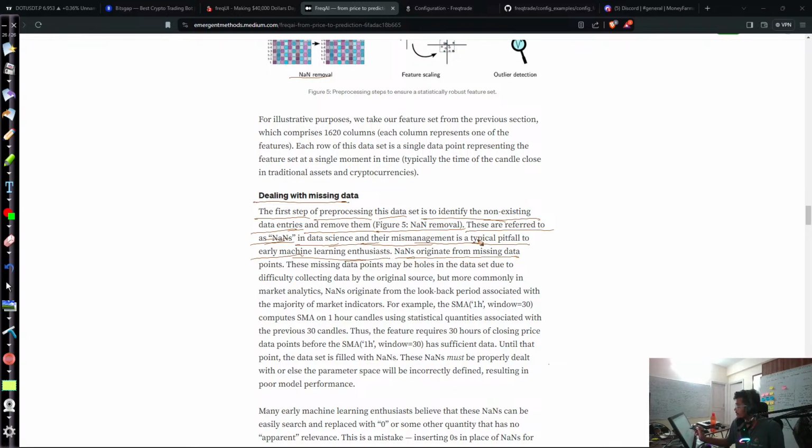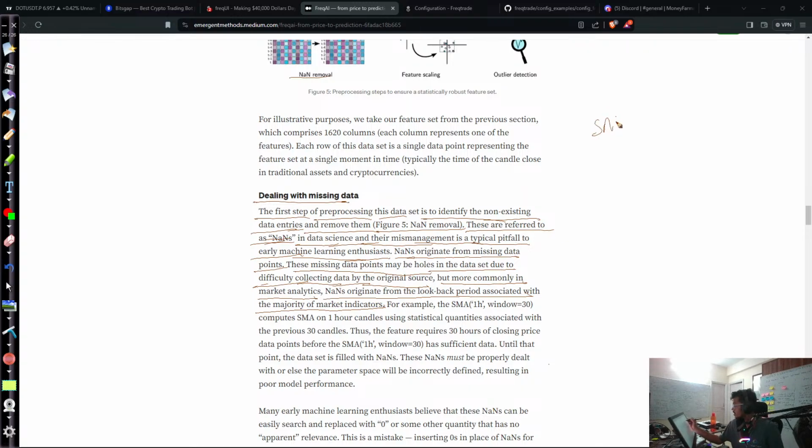NaNs originate from missing data points. These missing data points may be holes in the data set due to difficulty collecting data by the original source. But more commonly in market analytics, NaNs originate from the look back period associated with the majority of market indicators. I hope you guys understand this.